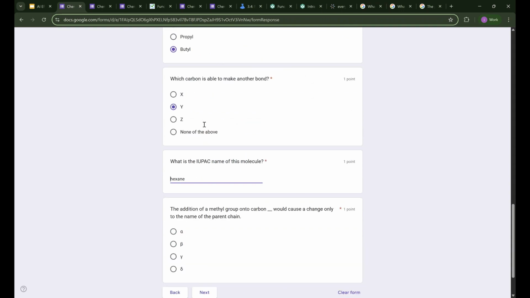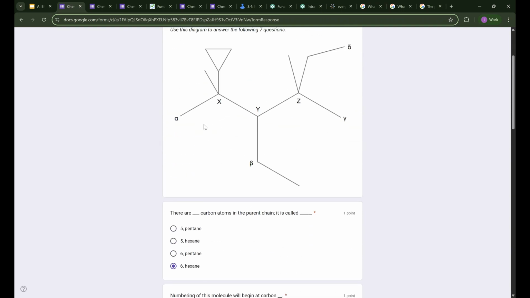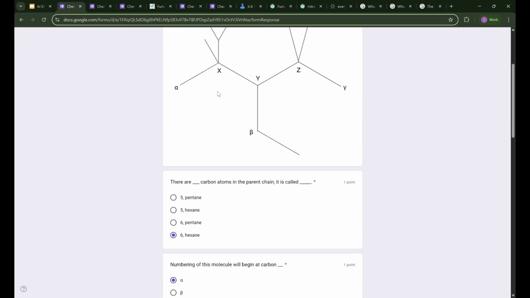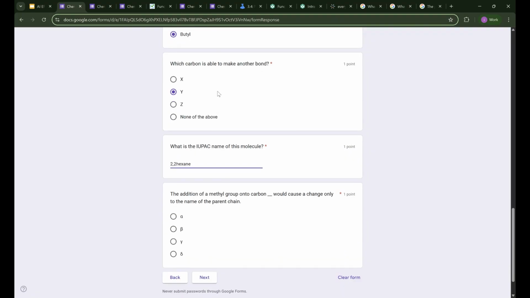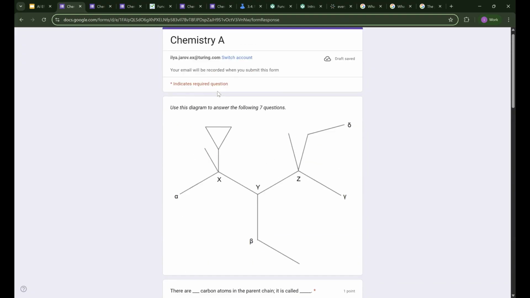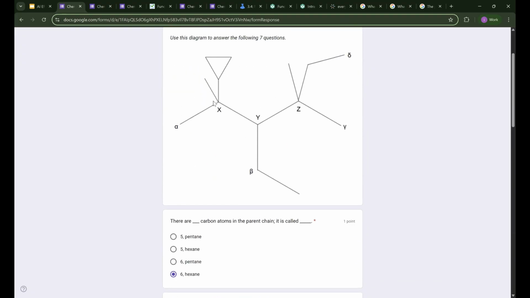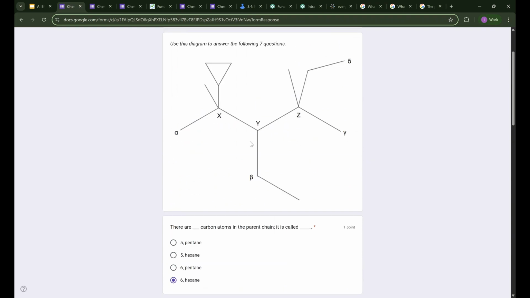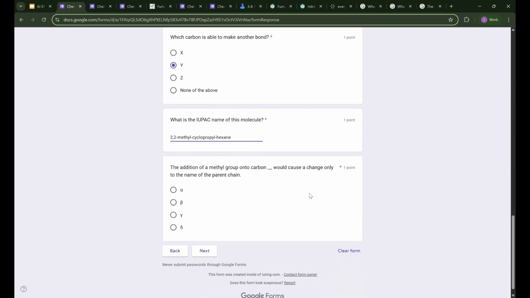And then you have to start with the numbering. So 1, 2. So it's a 2, 2 dash methyl cyclopropyl. 1, 2, 3, 1, 2 ethyl, and that would be a carbon three.